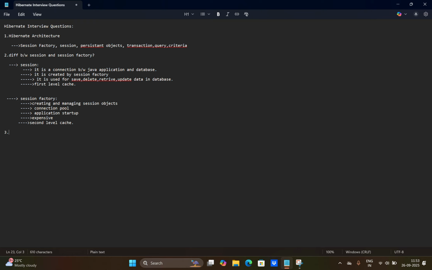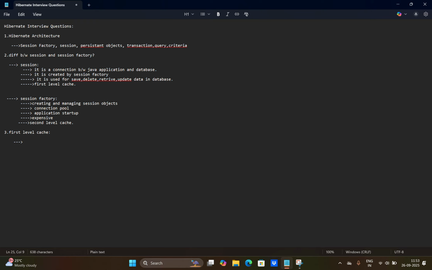You can move on. Third question: What is the first level cache? With the help of the first level cache, Hibernate reduces SQL queries and caches entities within a session.